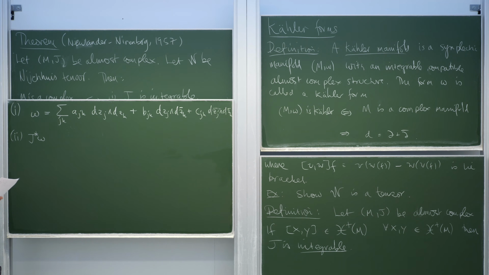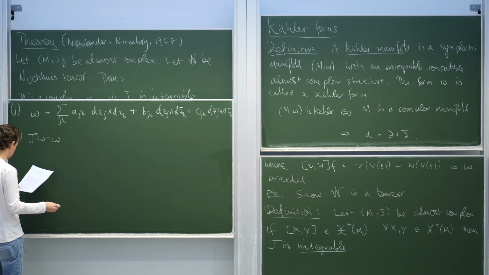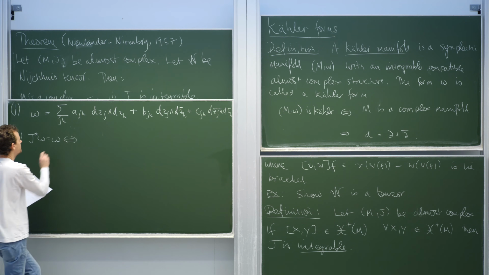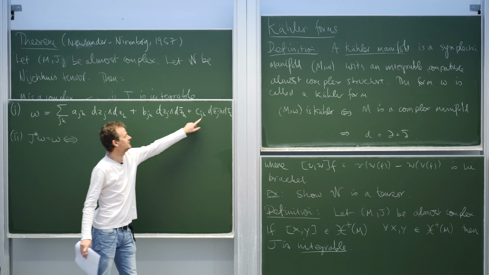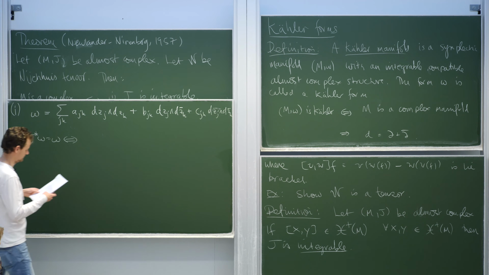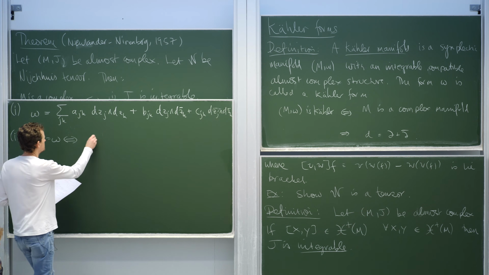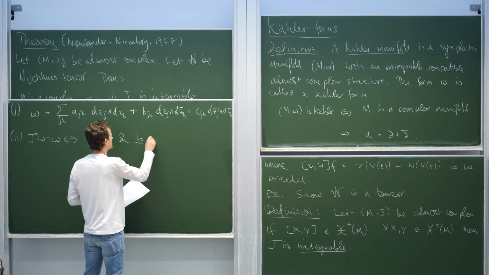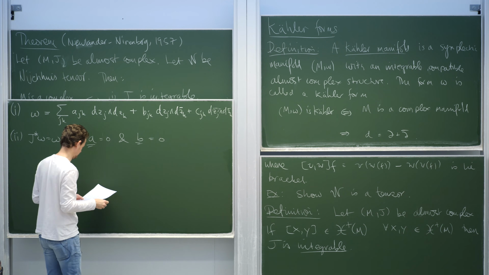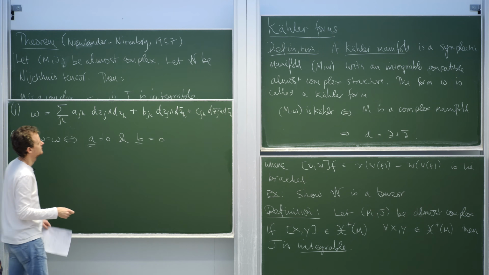Let's use the fact that our complex structure is compatible with the symplectic 2 form. Well, that can only happen if you pull back omega and get omega. Well, that can only happen if the A's and the C's vanish. So what does this mean?